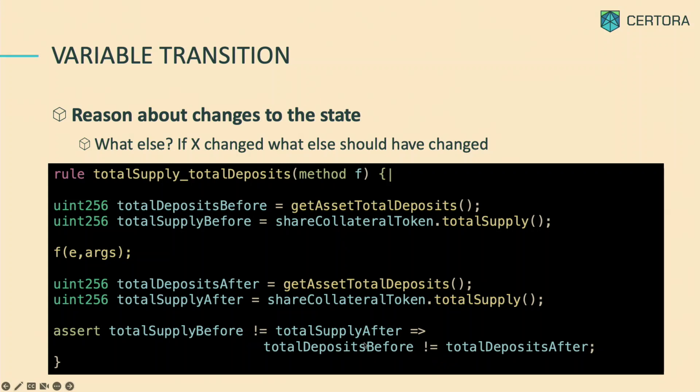It doesn't even talk about whether it is increasing or decreasing, right? We can probably make it much stronger by discussing additional properties. But even a simple rule like this, if it changed, the others should change, caught a very critical bug where they would have lost all the fees they had collected. Okay.